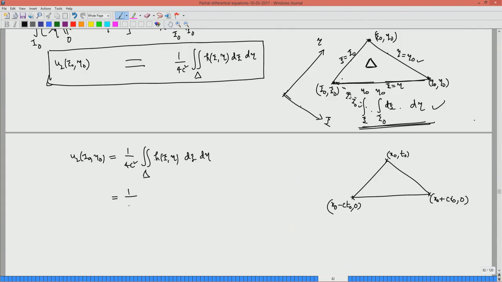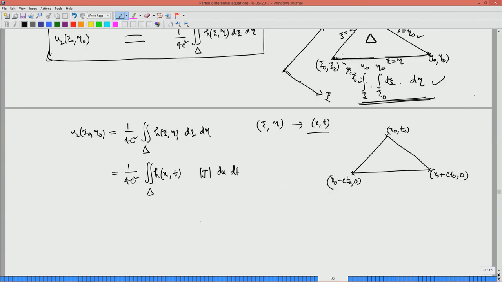So, if you write this 4 c square double integral over this delta, now I just change from xi eta to x t variables. The area element d xi d eta is a Jacobian times dx dt, so that this becomes h of x t.